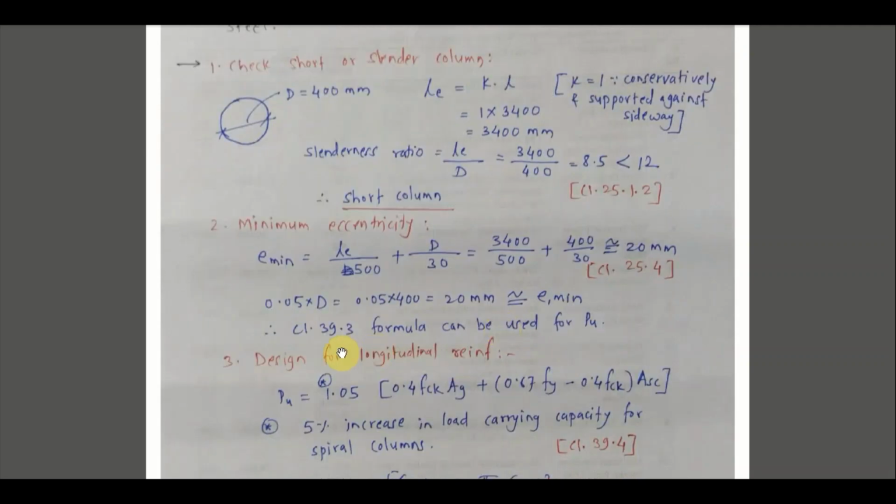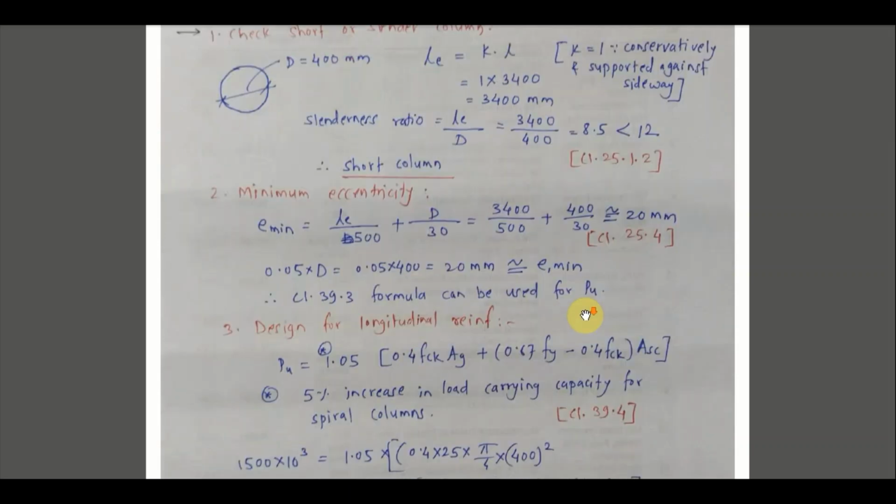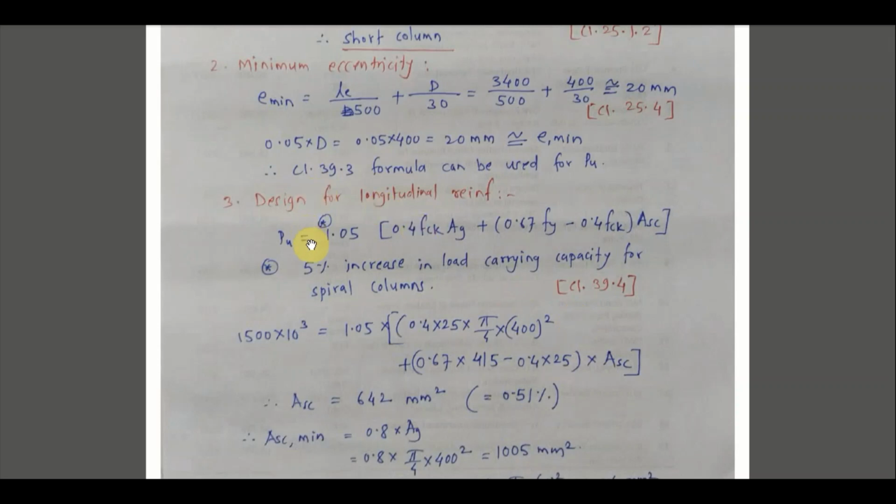So we can use formula of clause 39.3 to calculate the axial load carrying capacity. So here, since this is a spiral column, we have to multiply this with 1.05. So 5% increase in load carrying capacity for spiral columns as per clause 39.4.